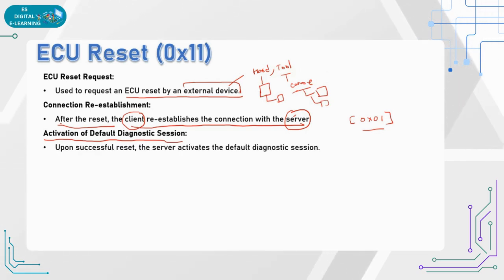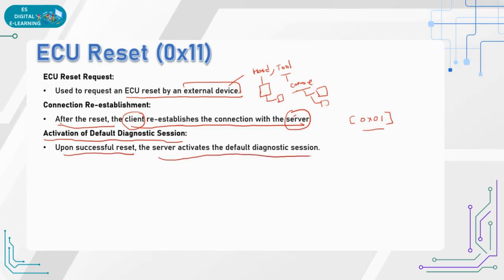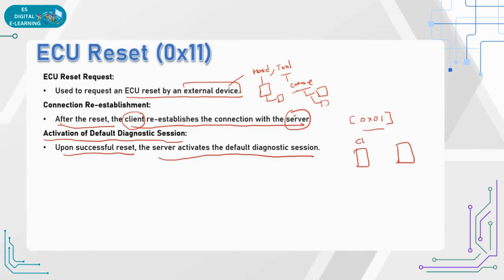You can write down: upon successful reset, the server activates, meaning my ECU. The client is there, and the server is the ECU. It will stay in the default session. We know that it will be in the default session whenever it is powered on. Okay, is it clear, right?